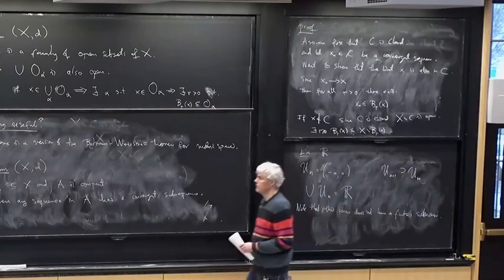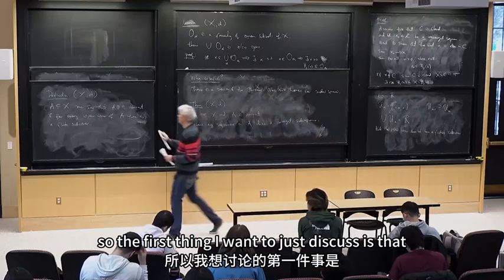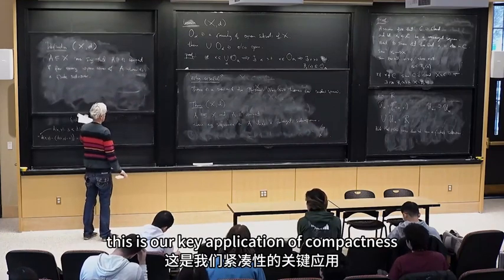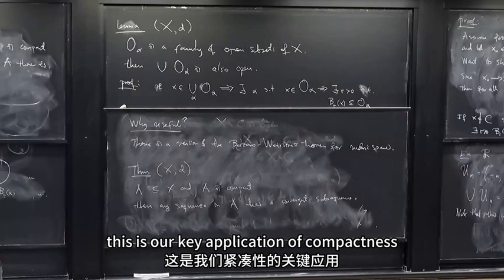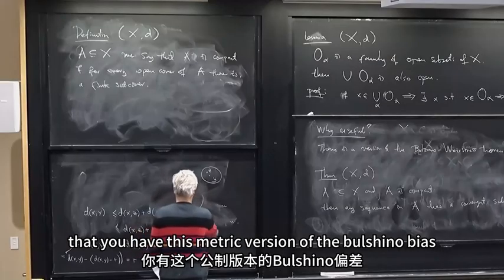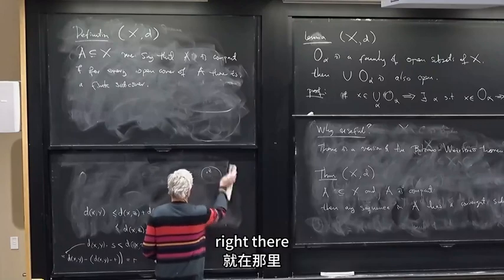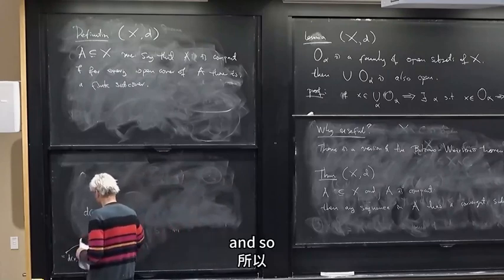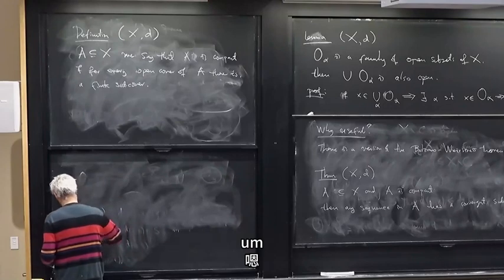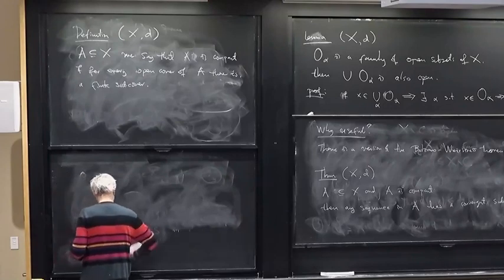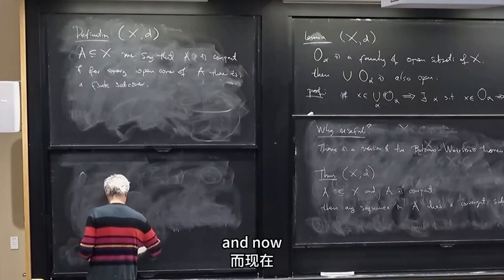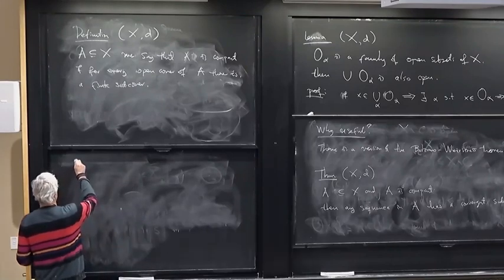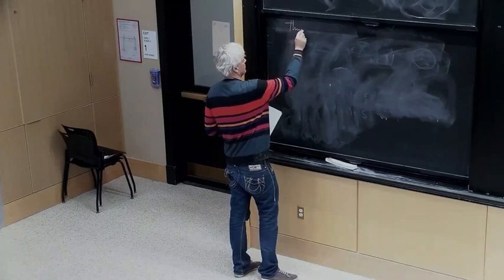The first thing I want to discuss is that this is our key application of compactness, this metric version of the Bolzano-Weierstrass theorem. But now let's prove a couple of things about compact subsets.